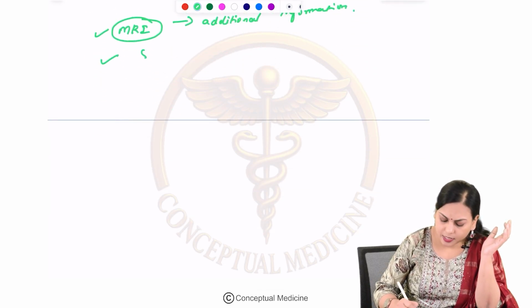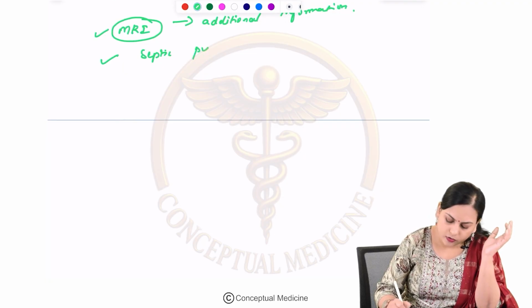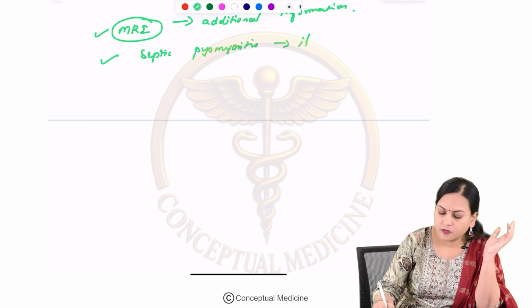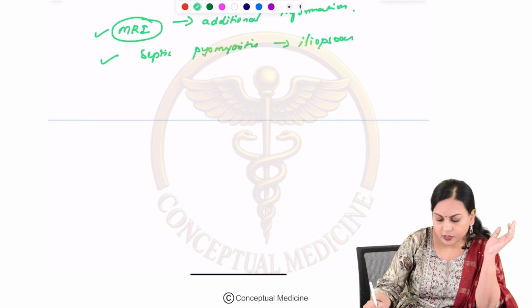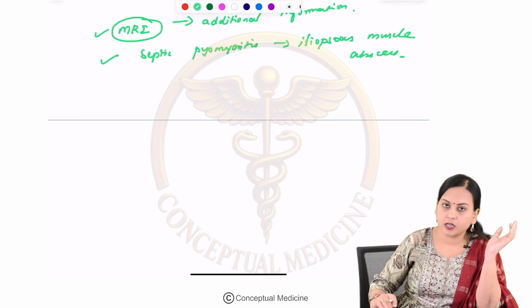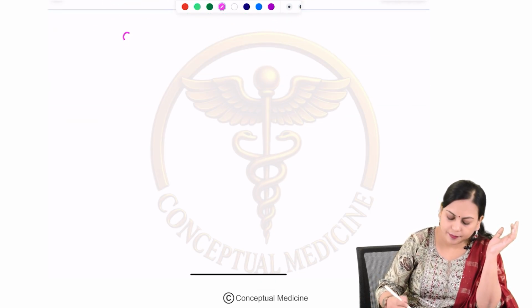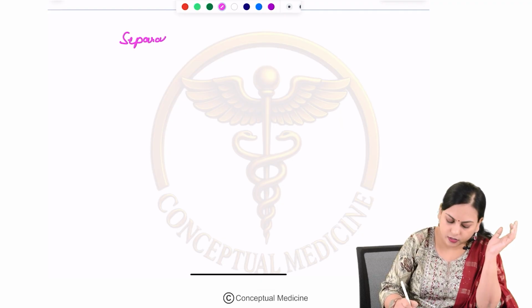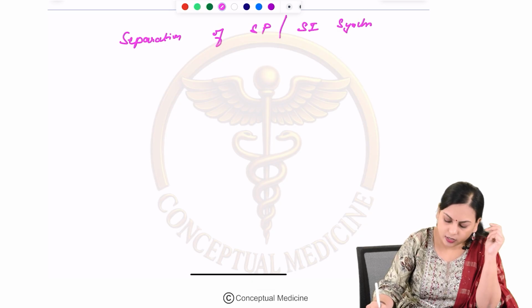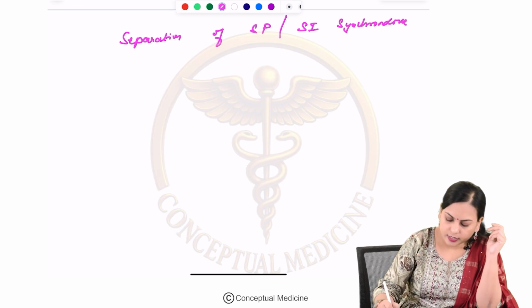There can be septic pyomyositis, such as formation of iliopsoas muscle abscess. Okay. There can be separation of symphysis pubis or any one of the sacroiliac synchondroses that can lead to pain as well.